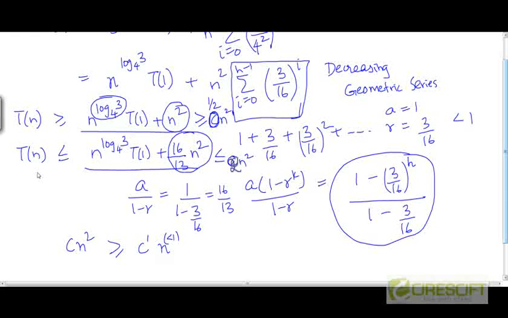So we can argue that T of n is bounded from above by a constant multiple of n square, by 2n square, and it's bounded from below by half of n square. And thus T of n is in big omega of n square, and it's also in big O of n square, and so it's theta of n square.